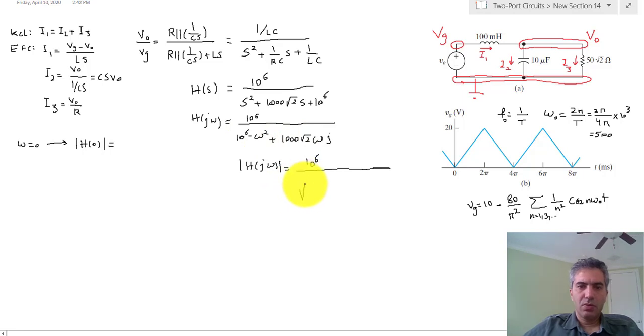So it would be the square root of the real part of that complex number to the power of 2, which is (10 to the 6 minus omega²) to the power of 2, plus the imaginary component of that complex number to the power of 2, which would be 1000 square root of 2 times omega. So let's actually do this. It would be 2 times 10 to the 6 omega to the power of 2. Good. So now we go back here.